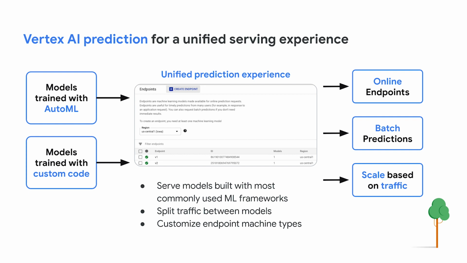As Vertex AI Prediction scales automatically based on traffic, it abstracts away any form of infrastructure overhead from the machine learning developers. On top of that, you will be able to split traffic between models and also customize the endpoint machine types based on your model needs.